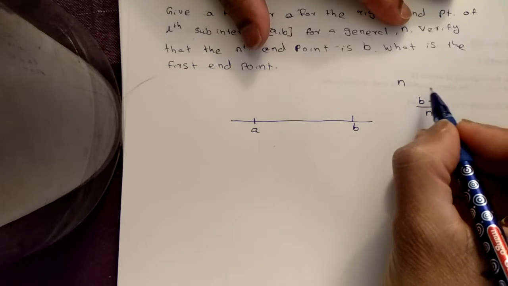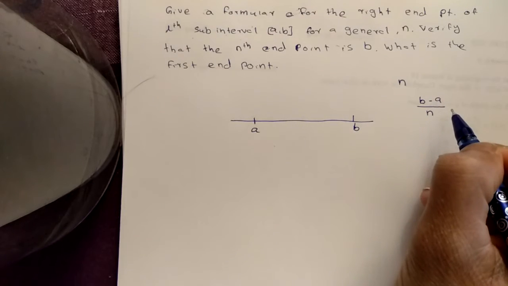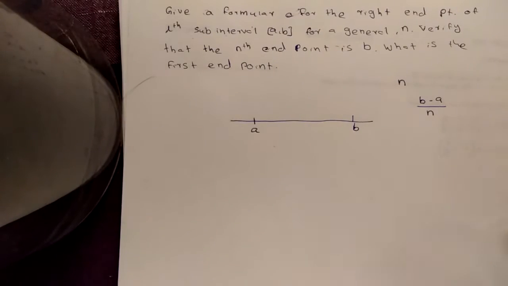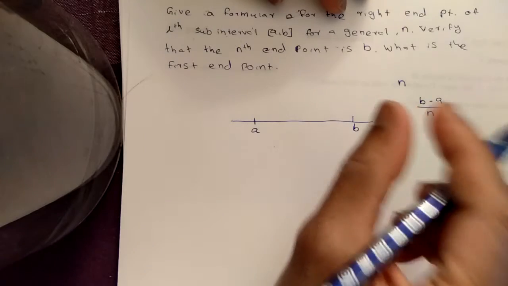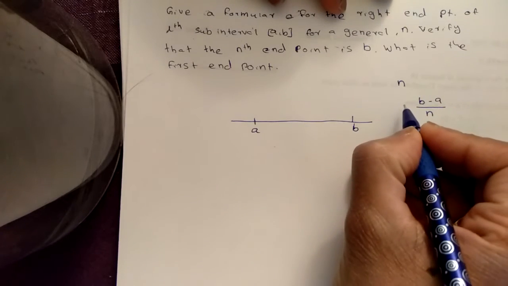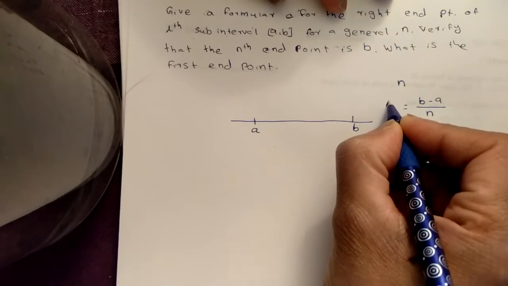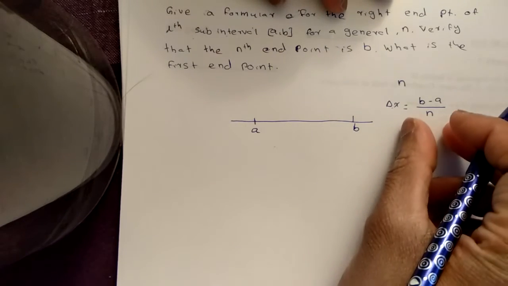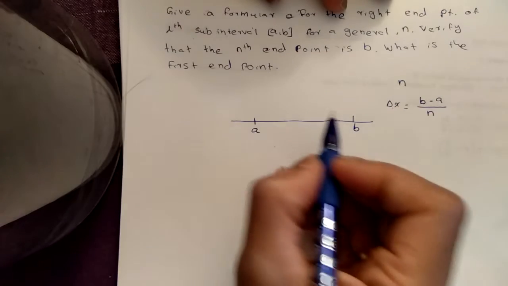So the length of a single part will be b minus a divided by n. For this length of a single segment, we have a standard symbol, that is delta x. We use delta x to represent the length of a small segment.